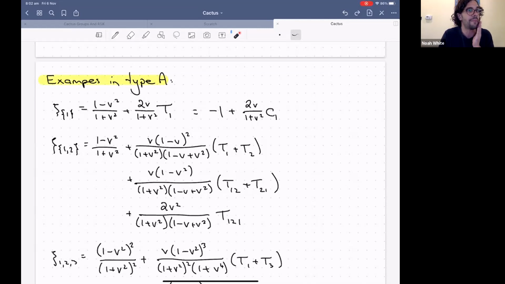There's also this very interesting case, and this is something I've been a bit negligent and haven't done: in type B, there's this fake parabolic that's not really a parabolic, but you get this A1 times A1. So you can also look at that.